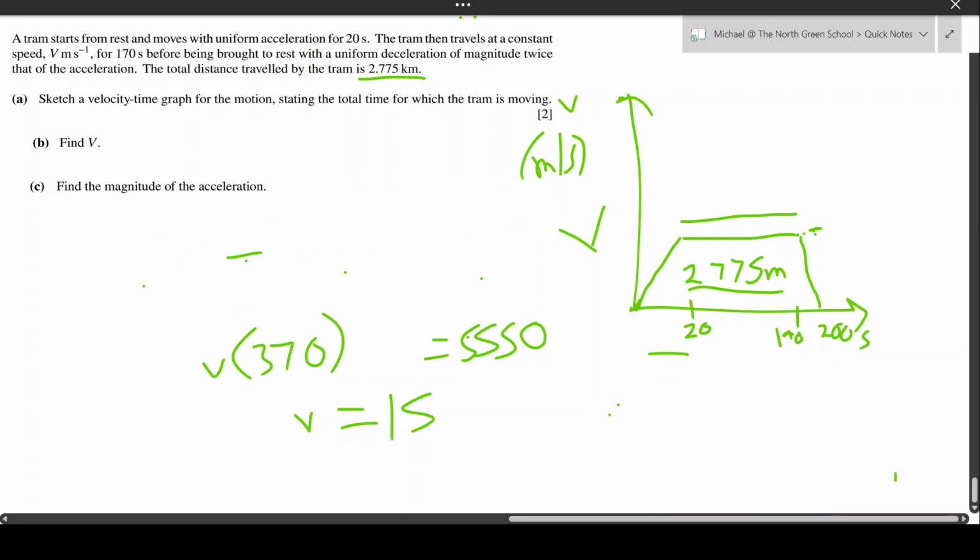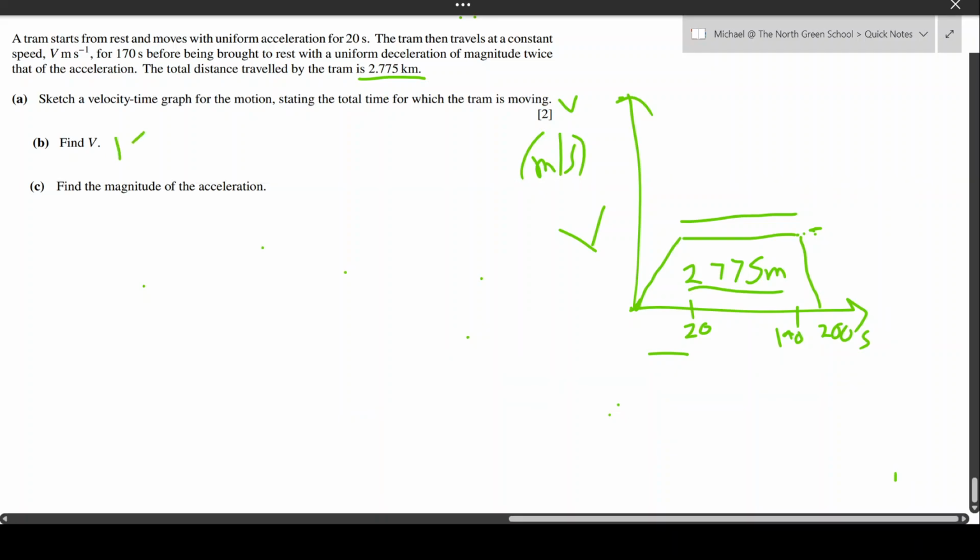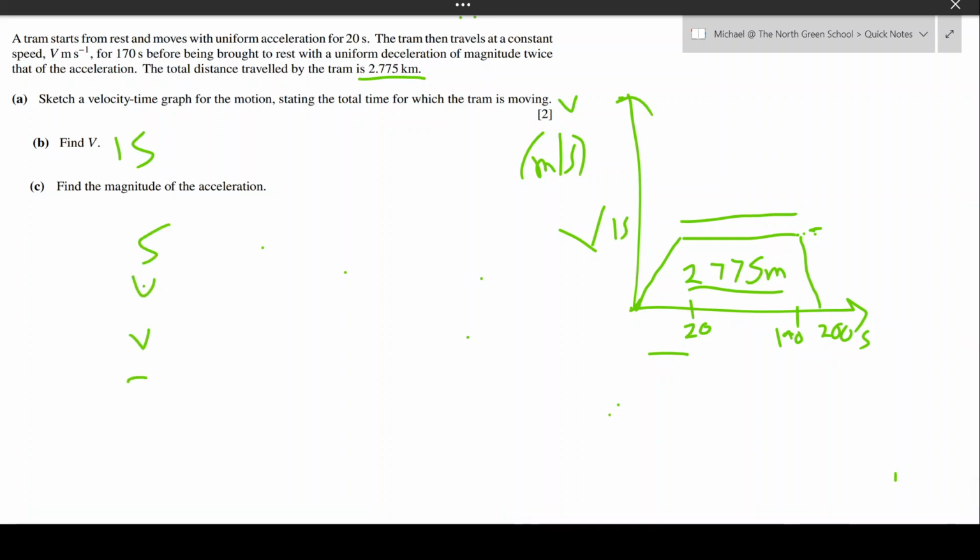What next now? Find the magnitude of the acceleration. Well, we found v is 15. So now for the acceleration, we're going to use SUVAT. We're going to think about this first slanting part. What's the initial velocity? It starts from rest. Final velocity is 15.